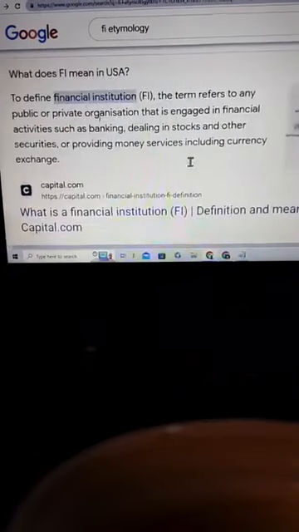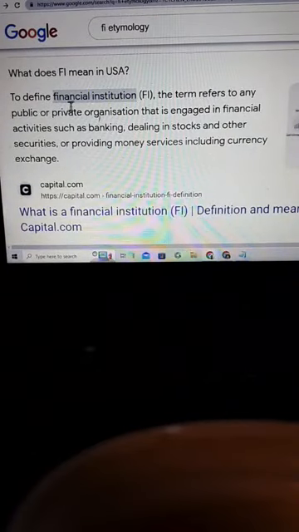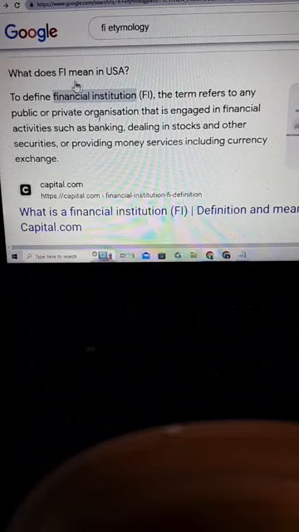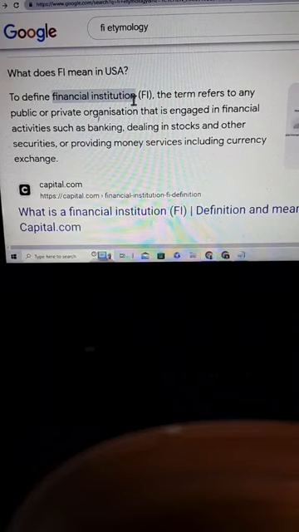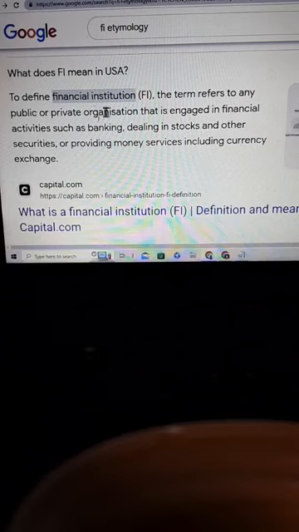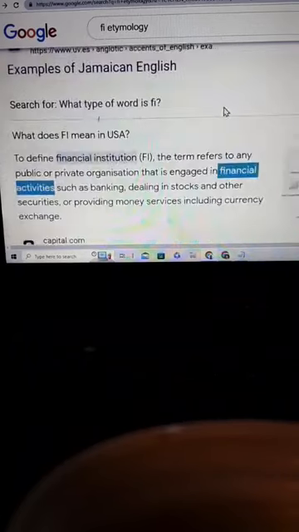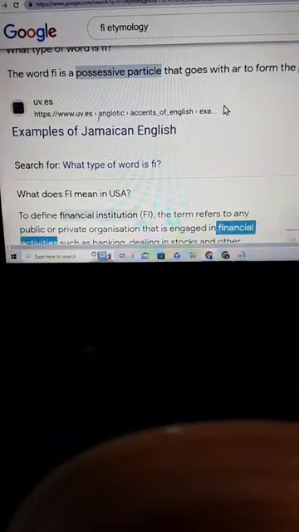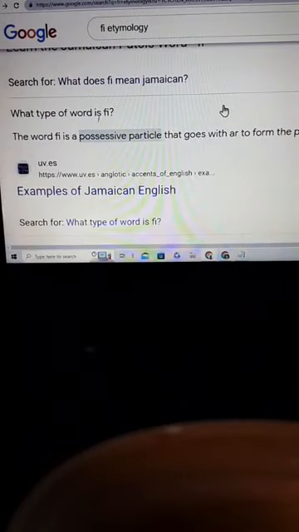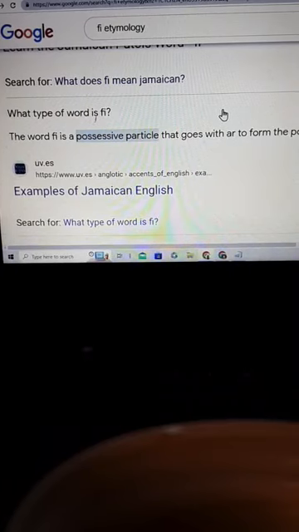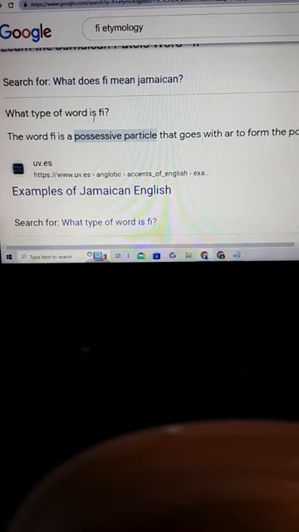And you guys can keep on going. To define financial institution, what does FI mean in USA? Financial institution. Refers to any public or private organization that is engaged in financial activities. Financial activities. Remember the fi and her. It's a possessive particle, and it's a defect of morals, moral character.